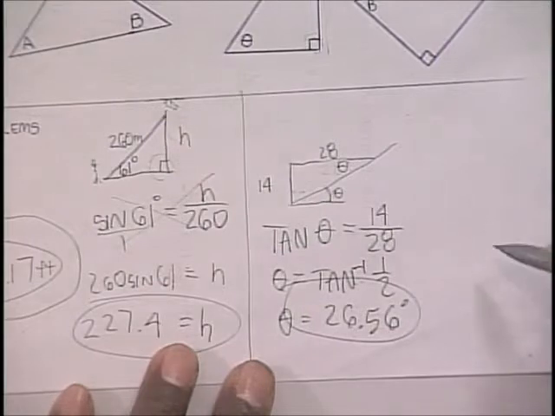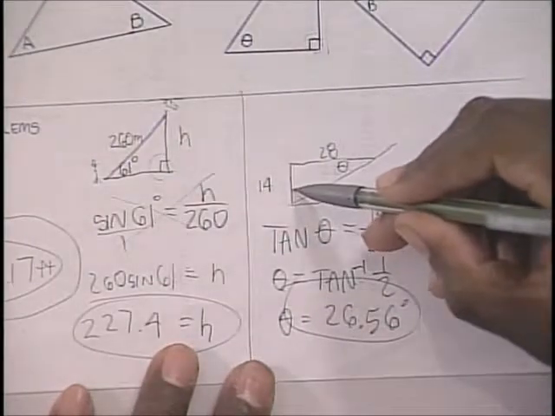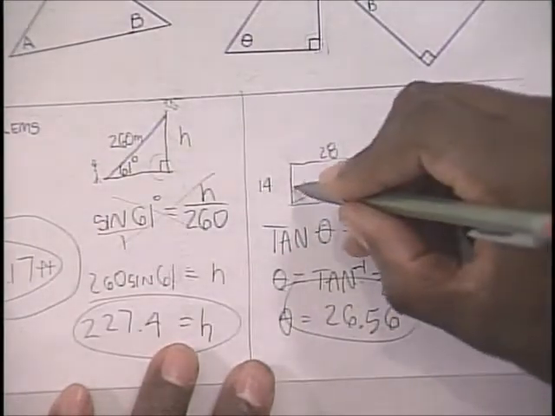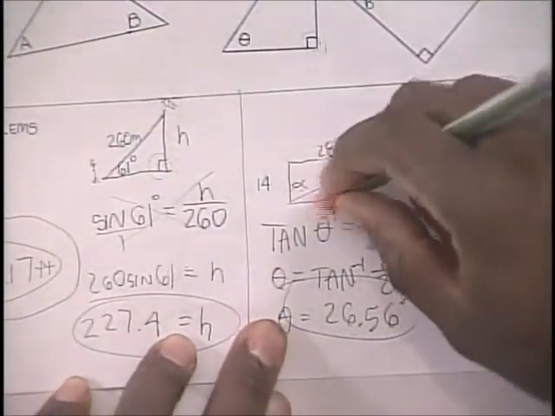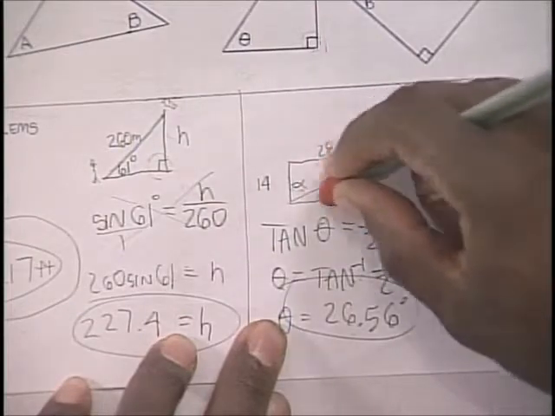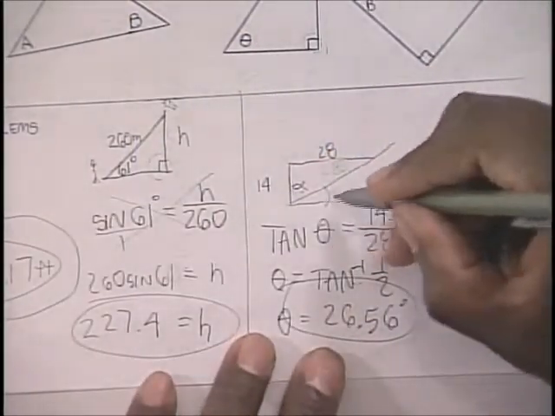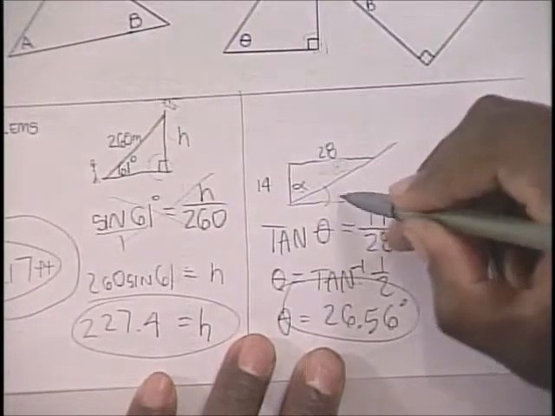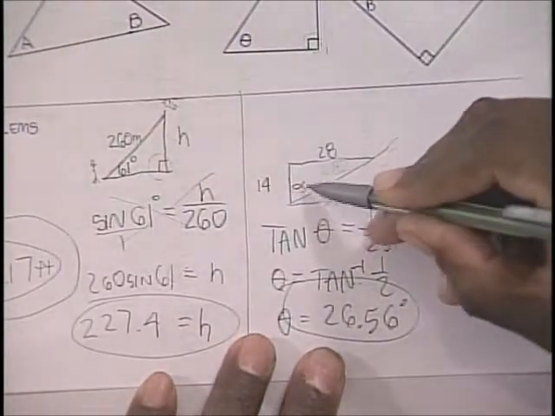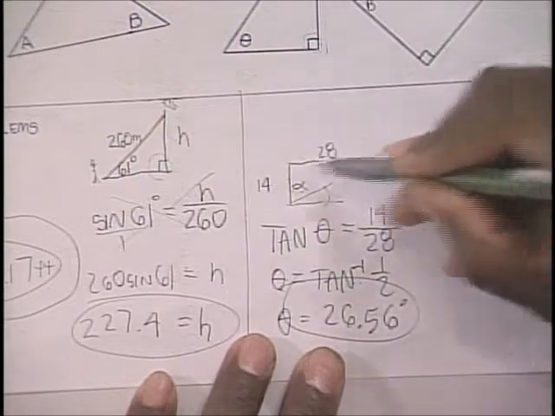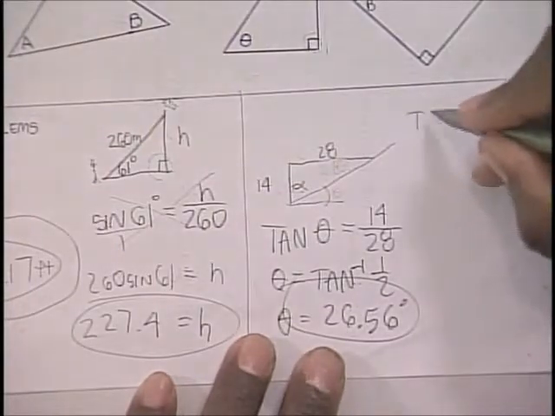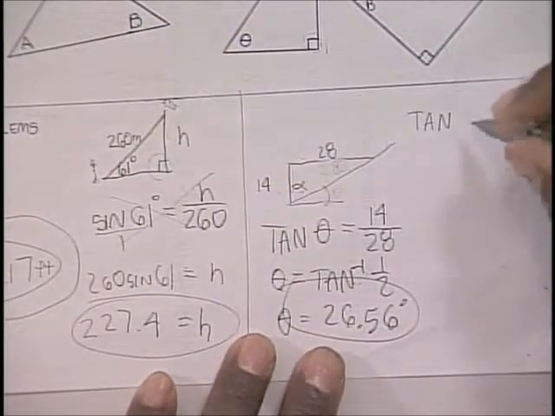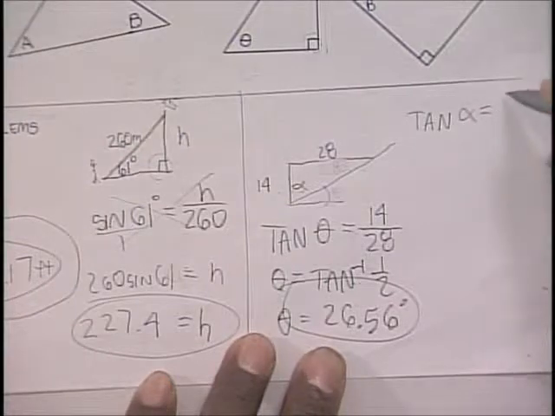If you want to go mastery level, if you want to solve the same problem in more than one way, you could figure out what this other angle is. Let's call that alpha. Let's get rid of this theta. I don't want to confuse you. You could view this as the opposite, and this is the adjacent. You have opposite and adjacent again. You could say tangent of alpha is equal to 28 over 14.